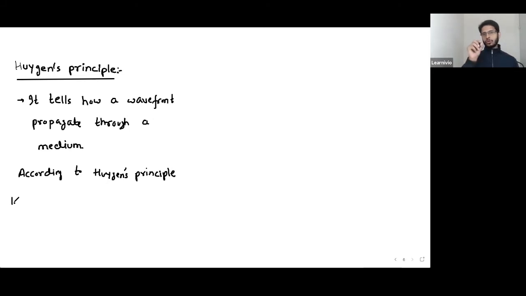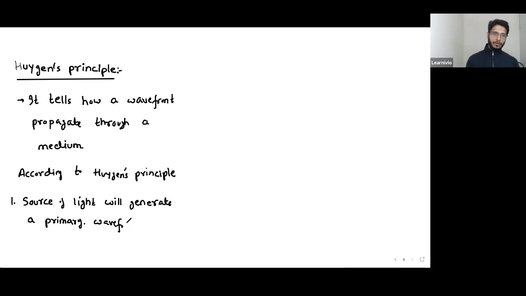First point: a source of light will generate a primary wavefront. Depending upon the type of source, if it is a point source, then the wavefront is spherical. If the source is a line source, then the wavefront is cylindrical. That's the first wavefront that the source generates, the primary wavefront.